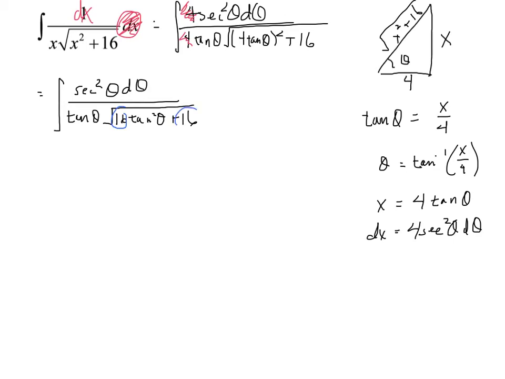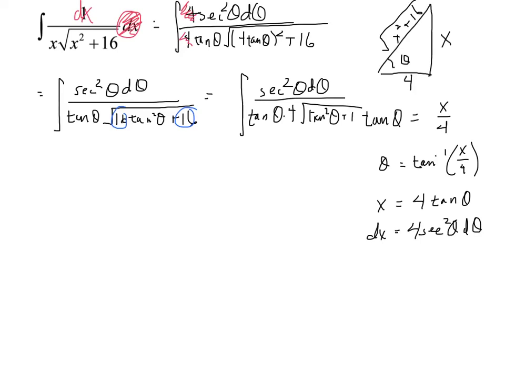I'm just going to pull that out. Which means I have secant squared theta d theta on top. I still have that tangent theta on the bottom. I have, now the square root of 16 is 4, so I could just write it outside and say it's 4, and then 1, or tangent squared theta plus 1, like that.